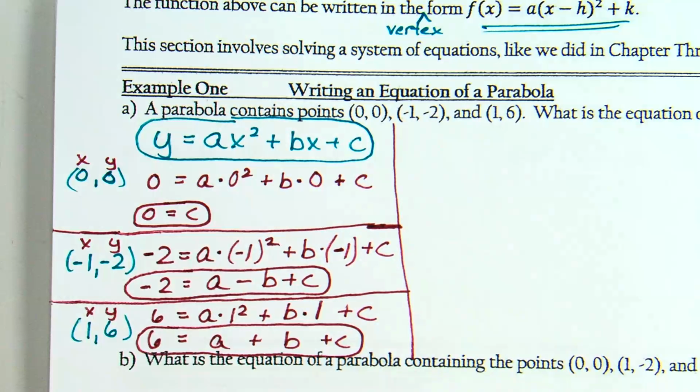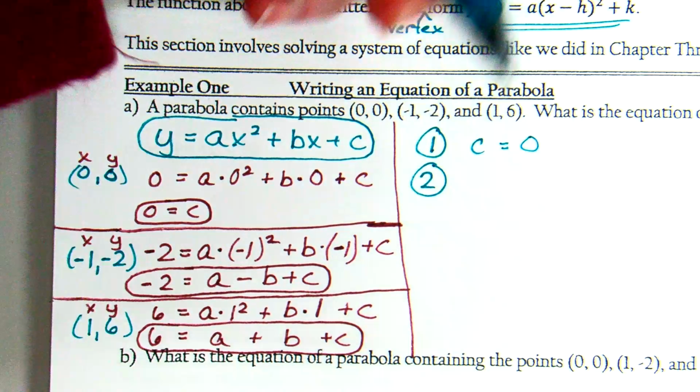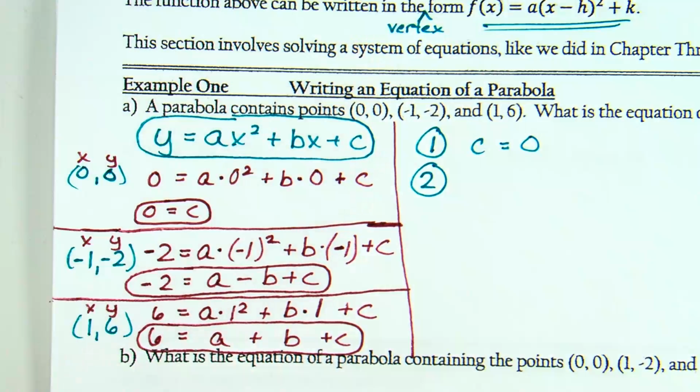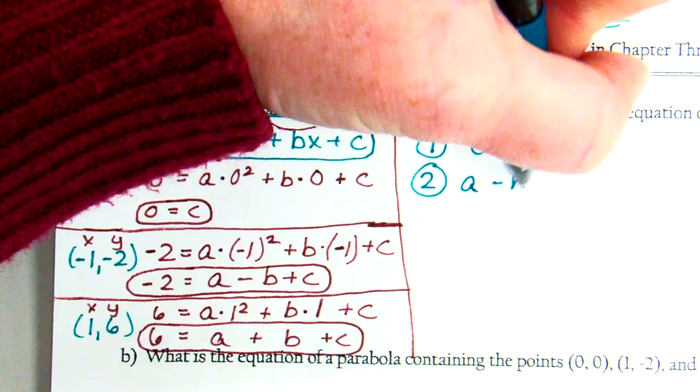So I'm going to come over to the side here and list my 3 equations together. Equation 1 is C equals 0. And I'm flipping these around as I write them, just because that's more natural. Equation 2 is A minus B plus C equals negative 2.